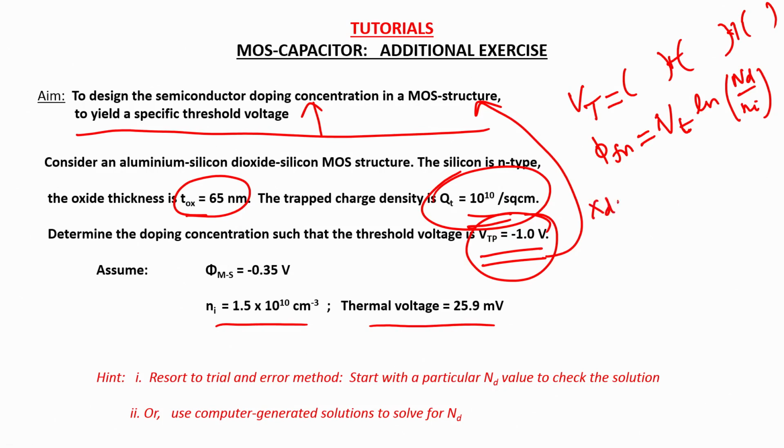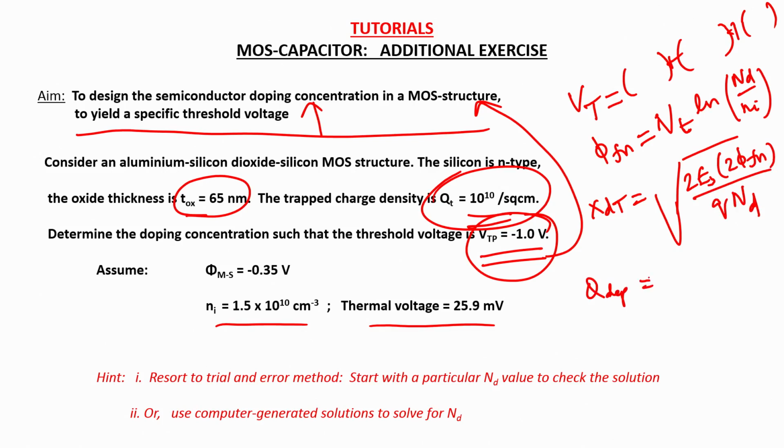The maximum space charge involves 2 phi fn, and the depletion charge is given by Qnd into xdt. So almost all the expressions have this Nd term.